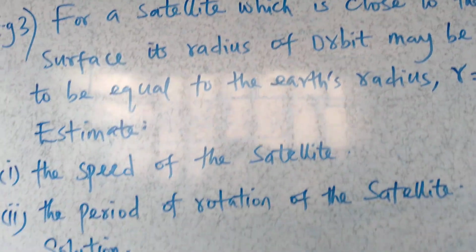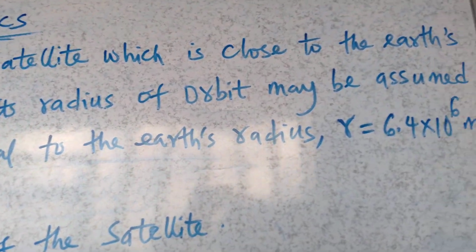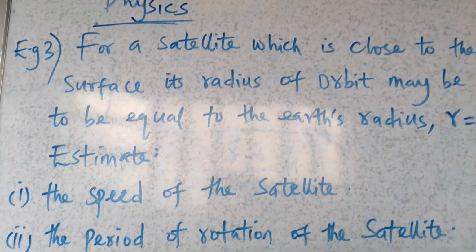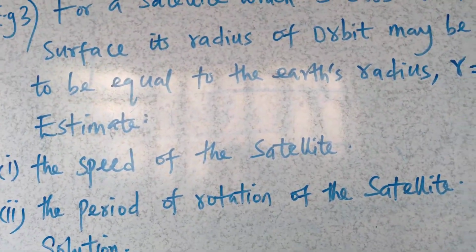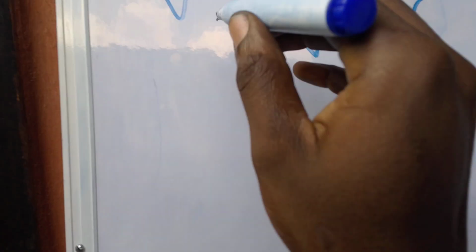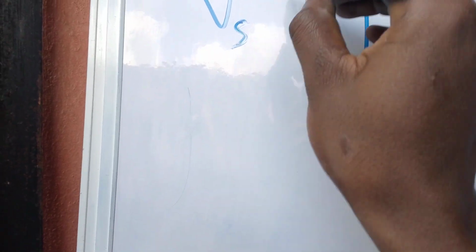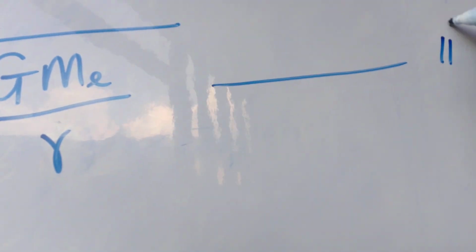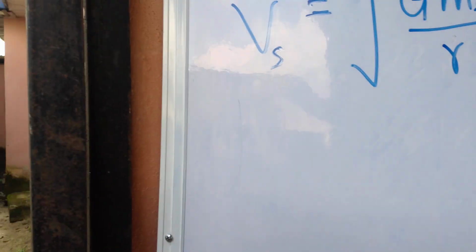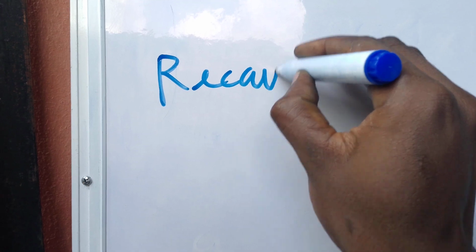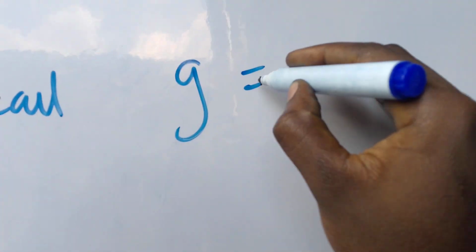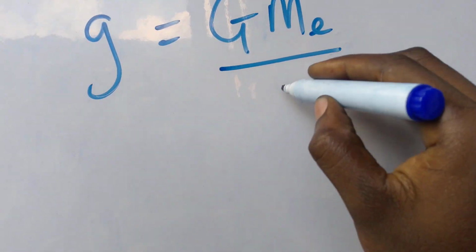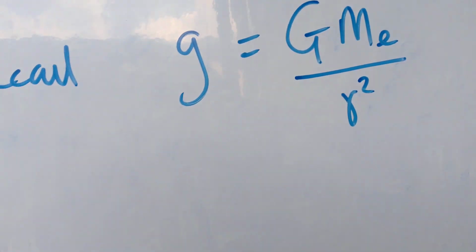Alright, so I'll come back again. We are given the radius of the earth as 6.4 times 10 raised to the power 6. Then we'll look for the mass of the earth. You can call this velocity of the satellite Vs, and call this equation 3. Also recall that g is G ME over R squared.